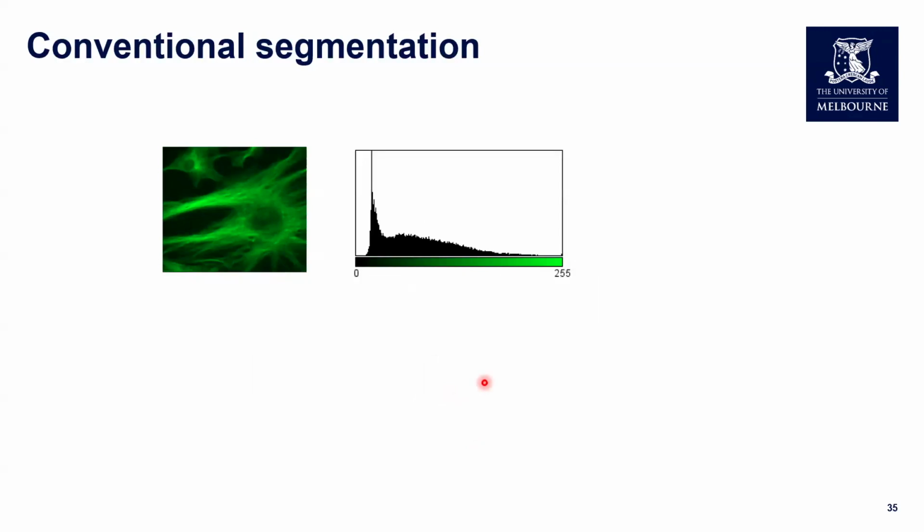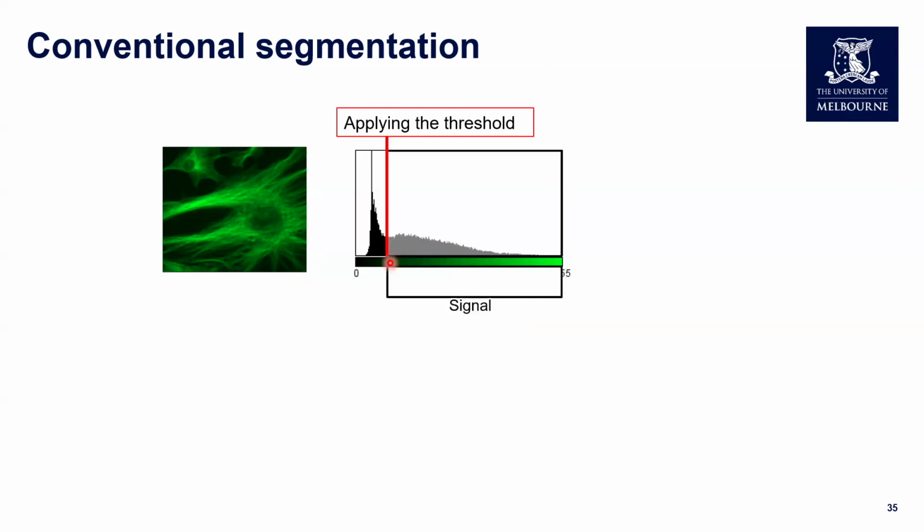So let's have a look at the conventional segmentation process first. If we want to segment the cells from the background in this image, we can have a look at the histogram of the image, and we can set the intensity value somewhere here as our threshold, because for me that seems like the right value to separate the signal from the background.